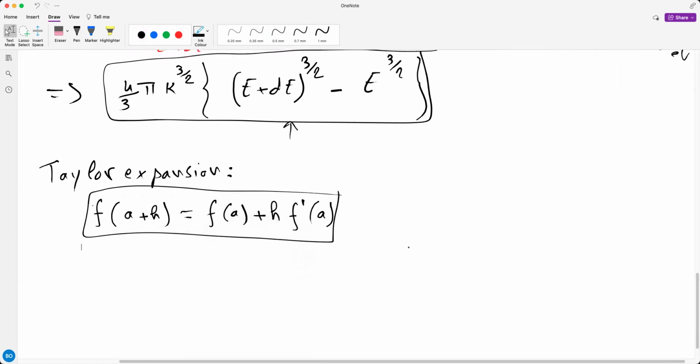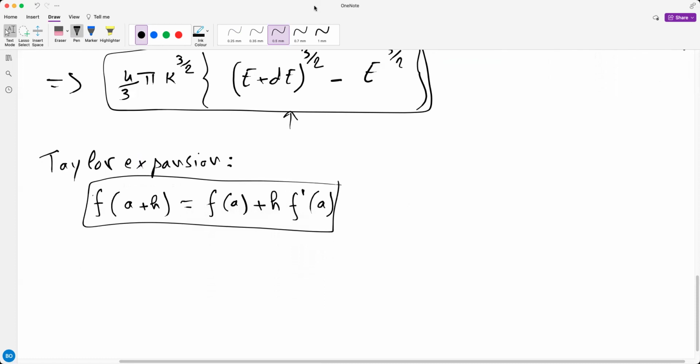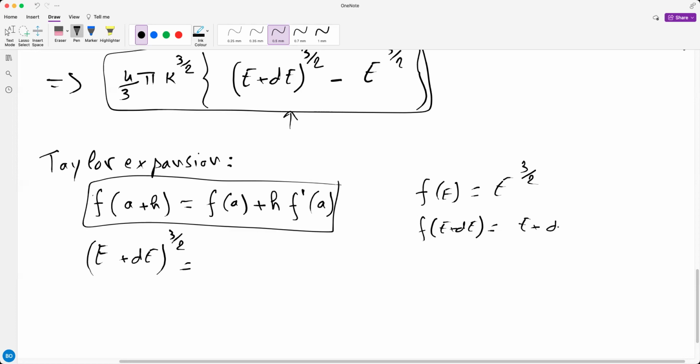So now let's apply it to our function. Our function is E plus dE to the power of 3/2. What is the function f here? Our function is f of E equal to E to the power of 3/2, and f of E plus dE is equal to (E plus dE) to the power of 3/2.